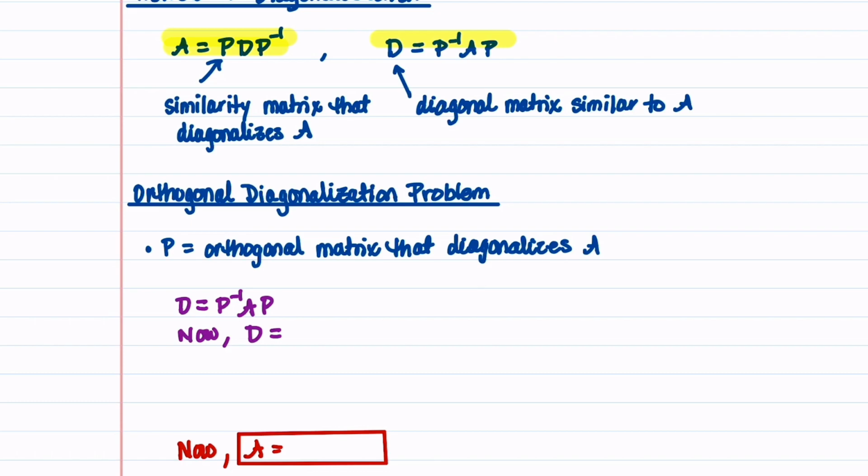So D is equal to P transpose A P. We say that D, written in this form, is a diagonal matrix orthogonally similar to A.